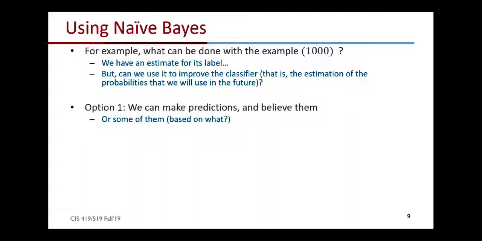There are several ways people can do it, and in the homework we suggested two. One of them is threshold-based. Just choose those 100 predictions that you're confident about. Could be either positive predictions that you're confident about or negative predictions that you're confident about, but disregard those that are in the middle.